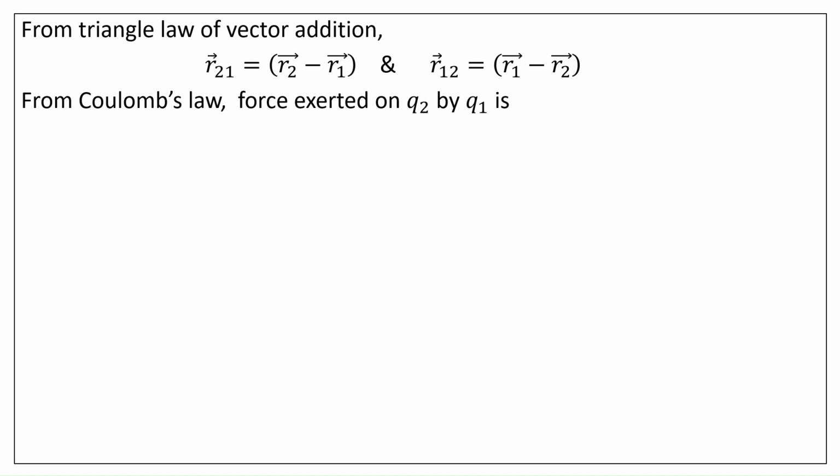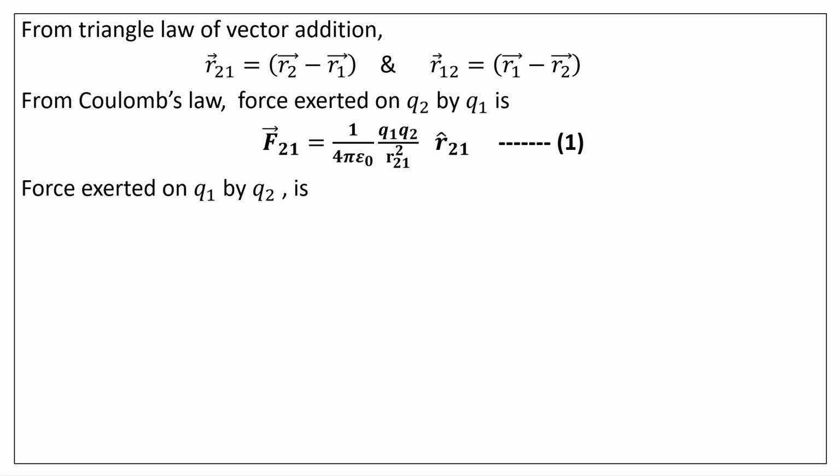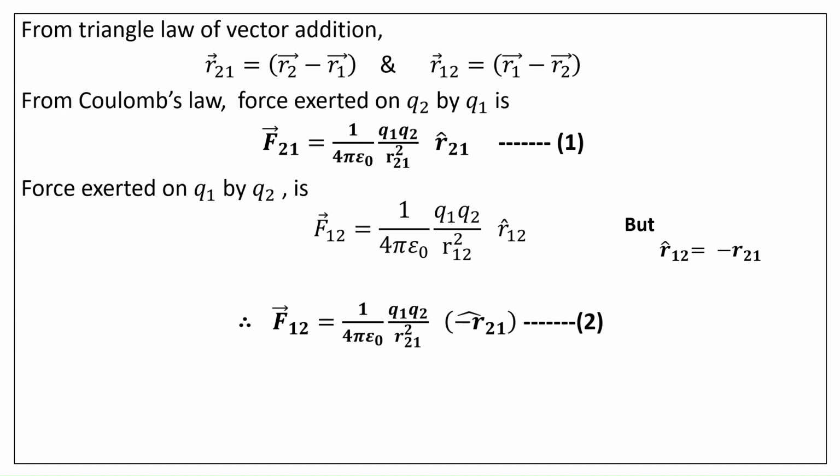From Coulomb's law, the force exerted on Q2 by Q1 is vector F21, equal to 1 by 4 pi epsilon naught into Q1 Q2 by R21 square into R21 cap. The force exerted on Q1 by Q2 is vector F12, equal to 1 by 4 pi epsilon naught into Q1 Q2 by R12 square into R12 cap. But R12 is equal to minus R21.